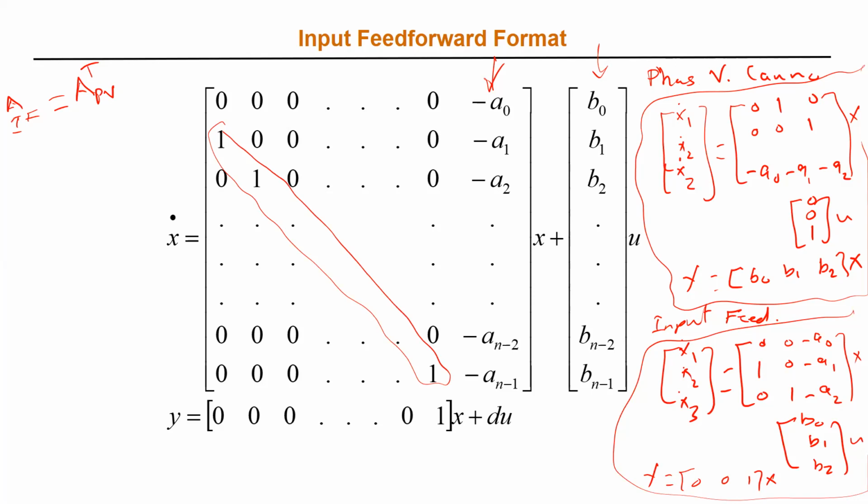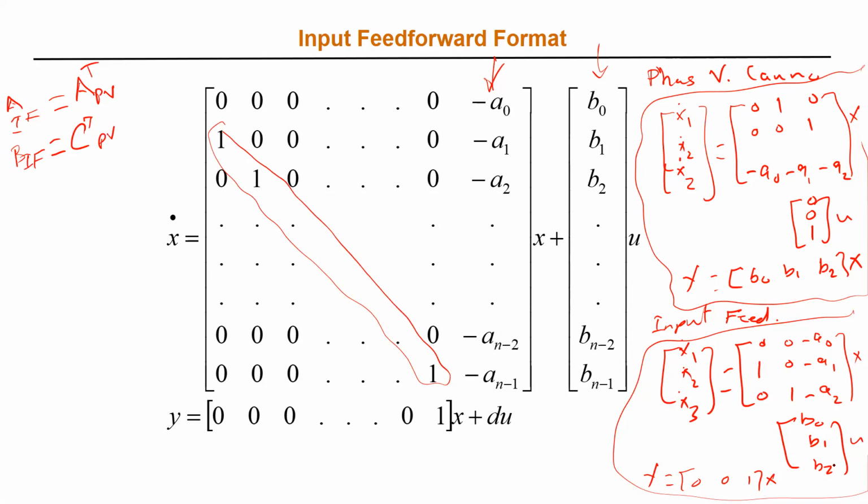How about the B of this system? B of input feed forward equal to what? Look at this one and what we have in here. It is C transpose of the phase variable.